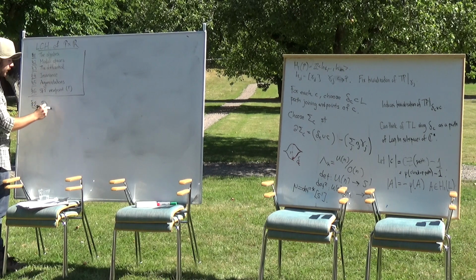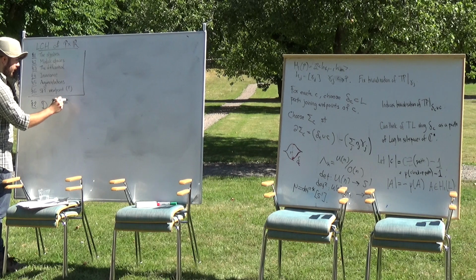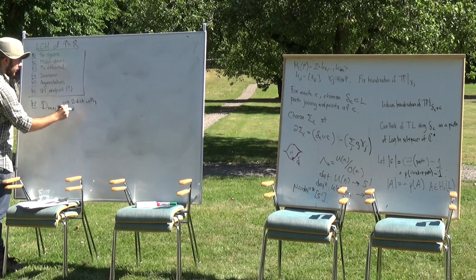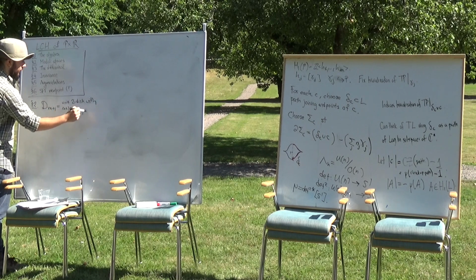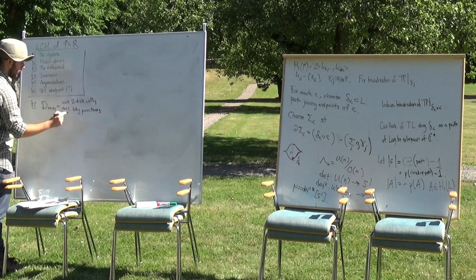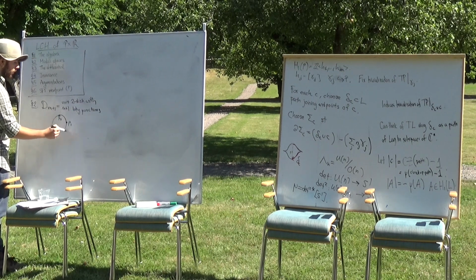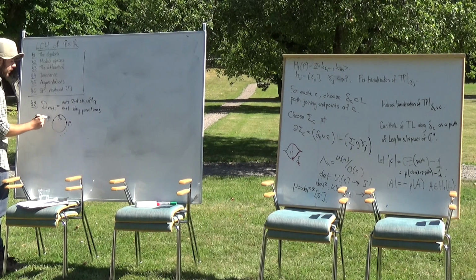So let D_{m+1} be the unit 2-disk with m+1 boundary punctures. So it's this guy, and then I take away P0, P1, ..., Pn.